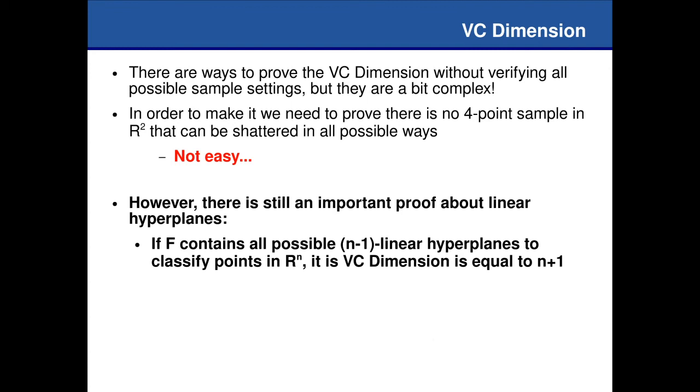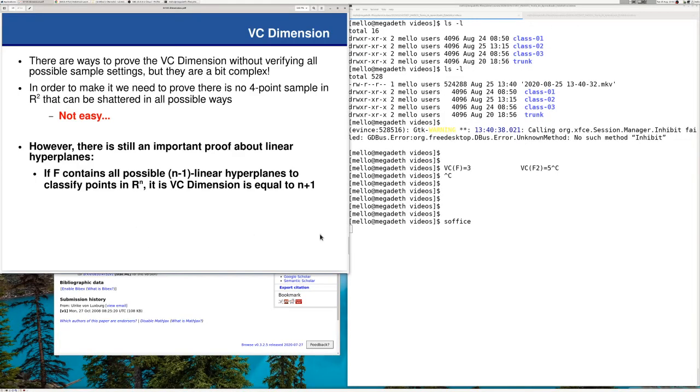Of course, if I have more classes, this changes. But let's start with what is basic rather than going to a very complex example. So this is the foundation behind shattering and the Vapnik-Chervonenkis dimension.